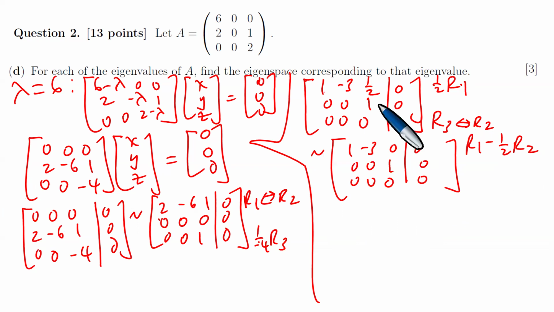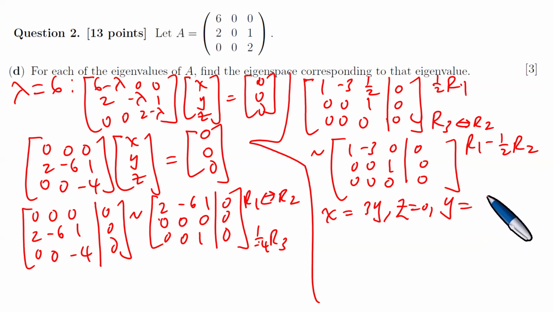Now this one is the simplest one, the reduced row echelon form, in which case you have x equals 3y, z is free, and then y equals y, but you can call it s, where s is in the real numbers.